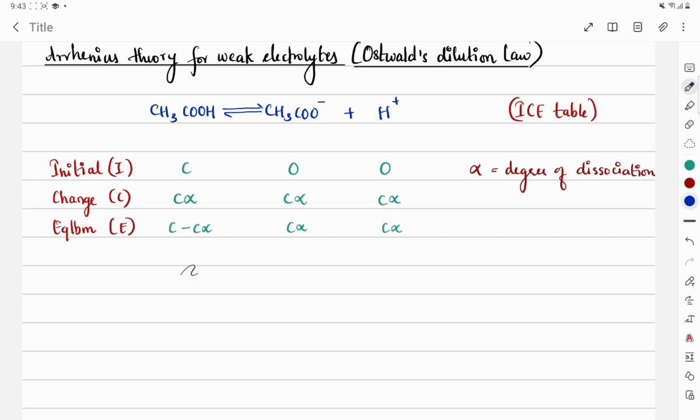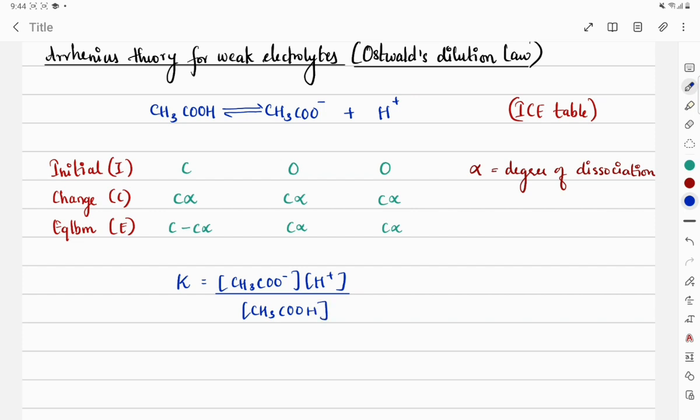Now, how do we write the equilibrium constant K for this particular reaction? We know the equilibrium constant will be the concentration of products over the concentration of reactants, raised to their stoichiometric coefficients. So here it will be the concentration of CH3COO minus into the concentration of H plus, divided by the concentration of CH3COOH.